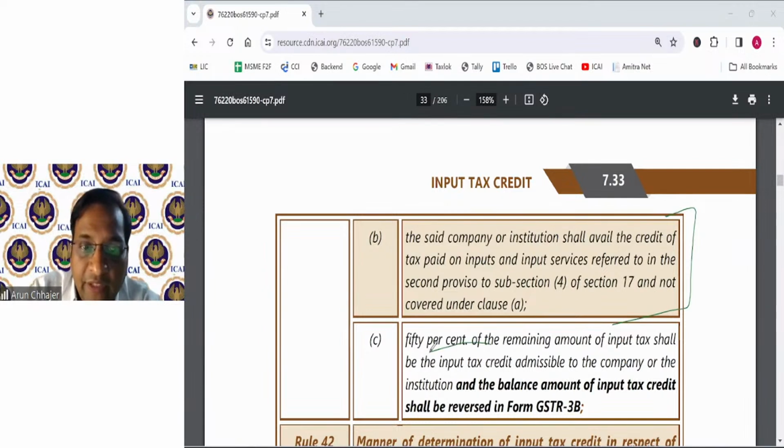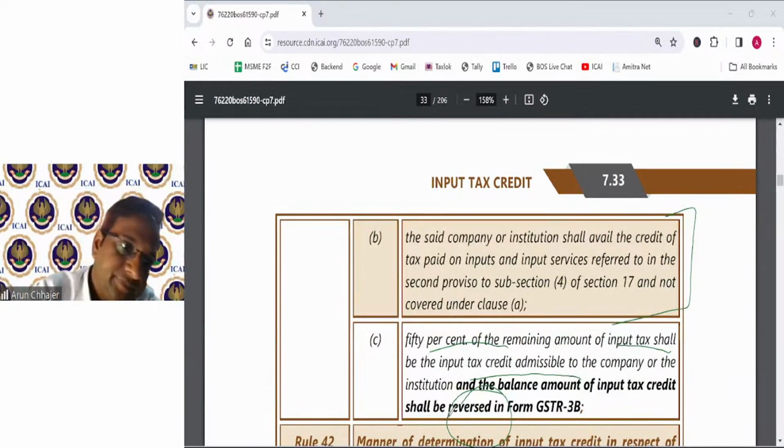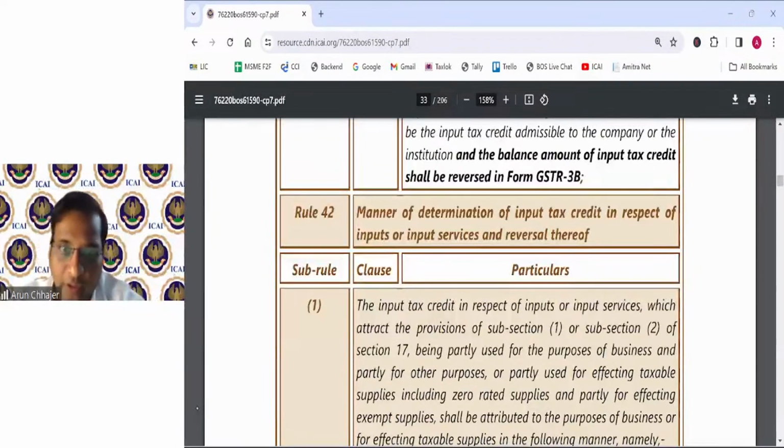Okay. 50% of remaining amount of input tax shall be the input tax credit admissible to the company or institution, and the balance amount shall be reversed in GSTR 3B. Okay. Rule 42. So any question?